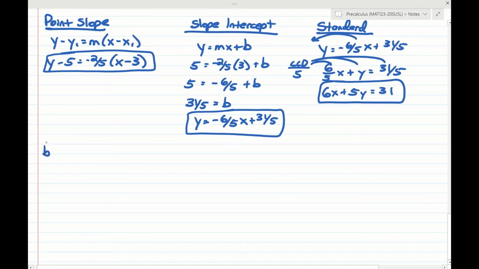So last step that we'll do to finish up this section is let's talk about perpendicular. What if I asked you to write the equation of the line that passes through (3, 5), but I want it to now be perpendicular to the equation 2x plus 5y is equal to 4.